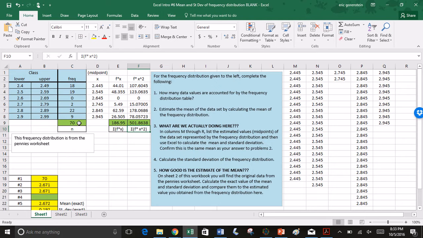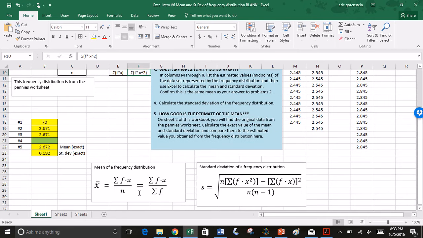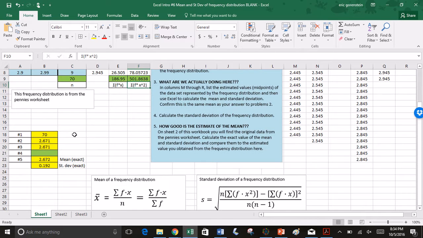So now these 3 green boxes of 70, the 186.95, and the 501.8638, those are these 3 numbers up here in the numerator. So for standard deviation, let me scroll up just a little bit.